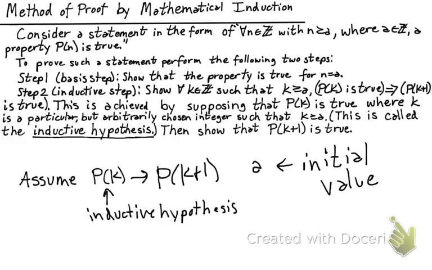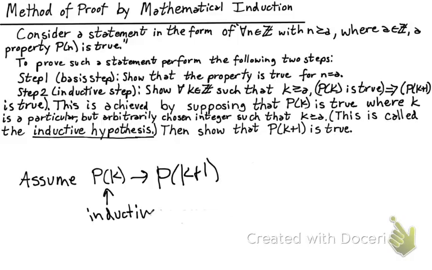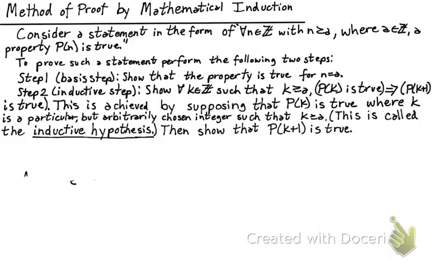So, in a way, what you're doing is this. You have a first value, and that first value is the integer a, whatever a is. And you show that that first value, P of a, whatever that property is, is true.